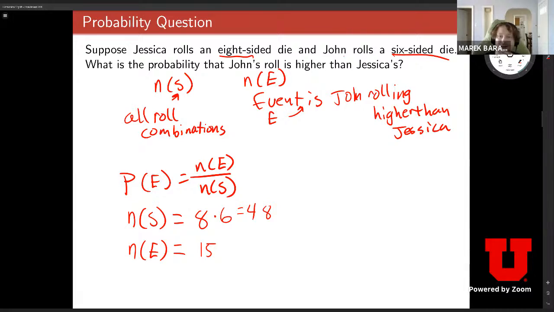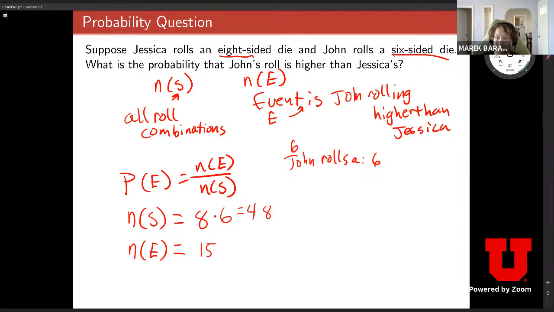So we have 6 possible things that could have happened. So John rolls a 6, and how many ways could that have happened for him to be higher?